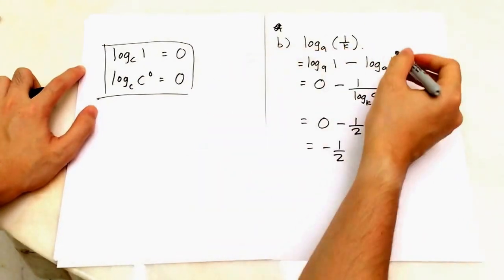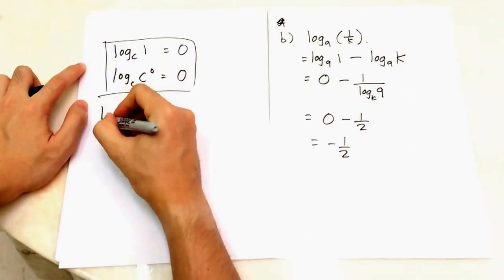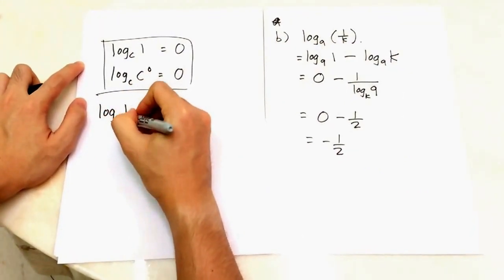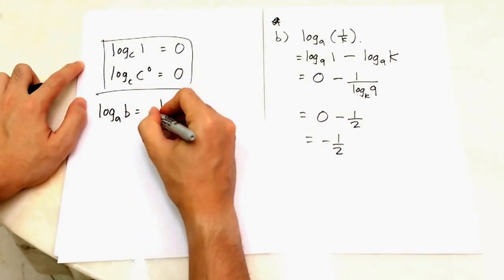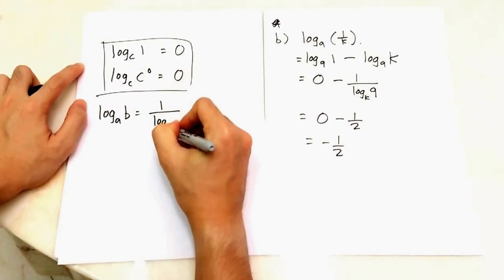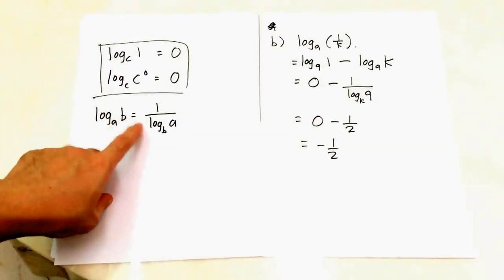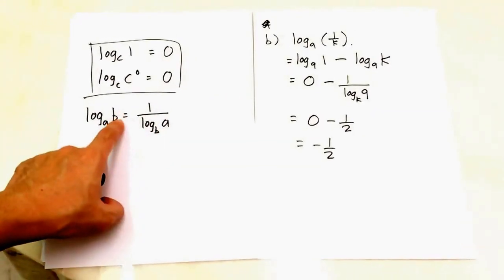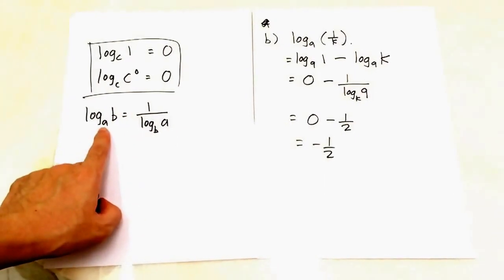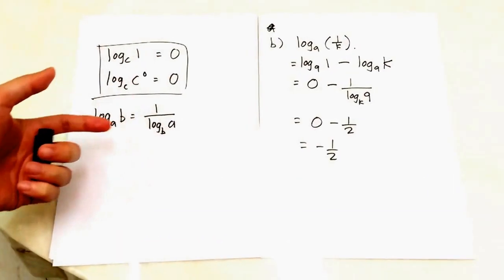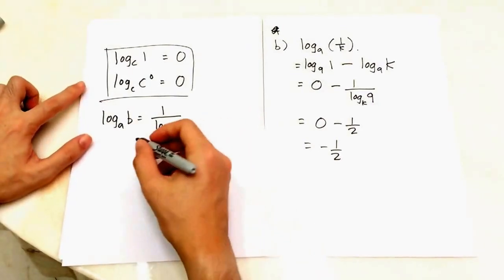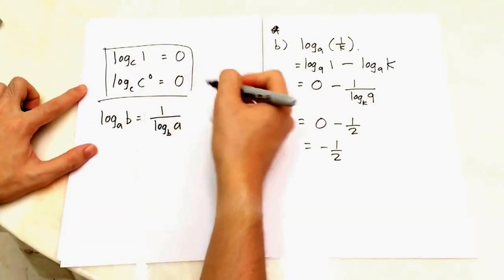Okay, then I go back to the second thing. This is one of the laws of log. Let's say log A B will become 1 over log B A. Do you see I switch place? The base now becomes the number, and the number becomes the base. But how does this formula work? Just assume you couldn't remember this formula.